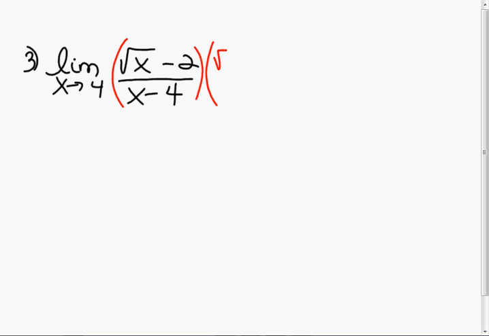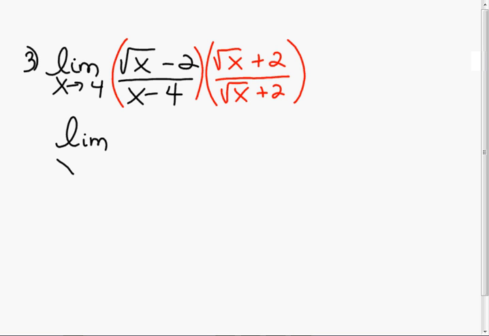Why don't we multiply by the conjugate? Because when I FOIL that out, the square roots are gone in the numerator. But don't multiply that out in the denominator. Leave it as a product. The limit as x goes to 4. You notice my vocabulary? Have you heard this much vocabulary before? So this is x minus 2 over x, sorry, it's not x minus 2, it's x minus what? 4.